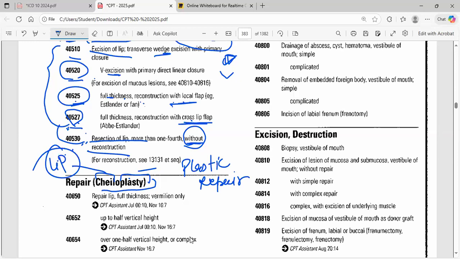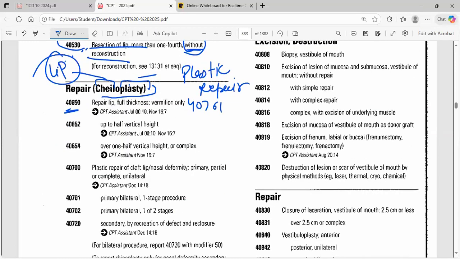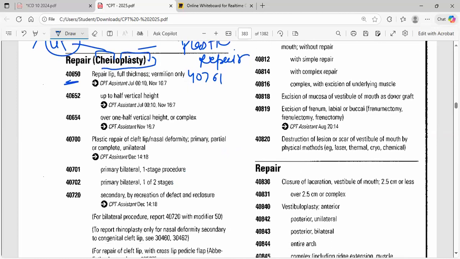We have the codes 40650 to 40761. Let me see if we can put these codes on one screen. These are the codes for the cheiloplasty.